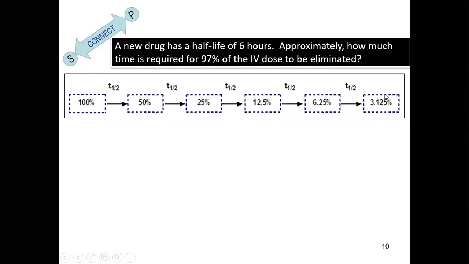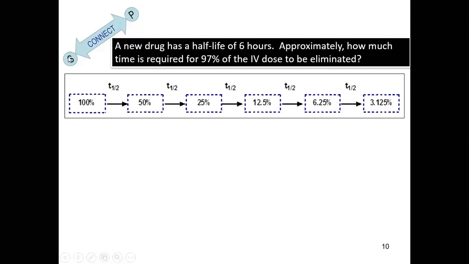After all of this, we end up with 1, 2, 3, 4, 5 half-lives. After 5 half-lives, we have about 3% remaining. And this is right. We usually wait about 5 half-lives to make sure we have eliminated 97% of the administered dose, and now it is safe to add a new drug to the system.